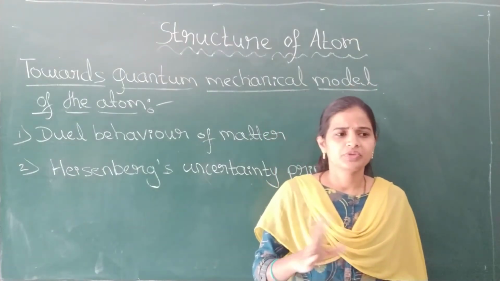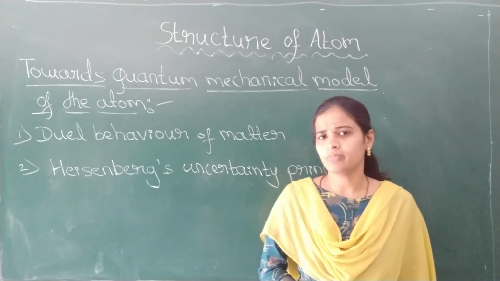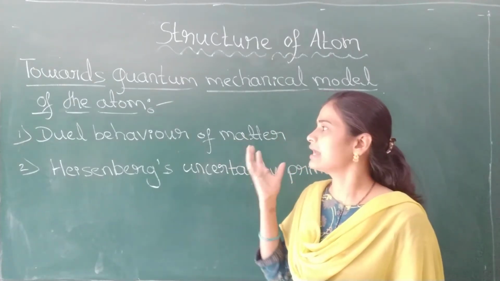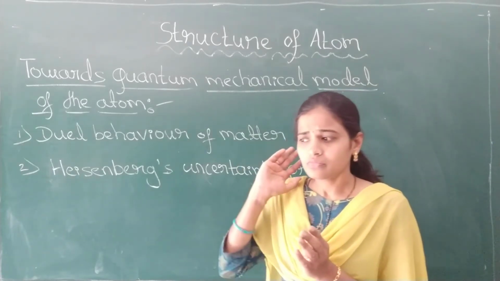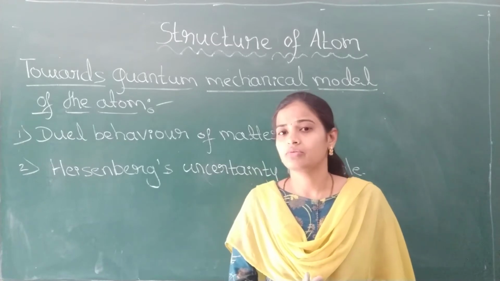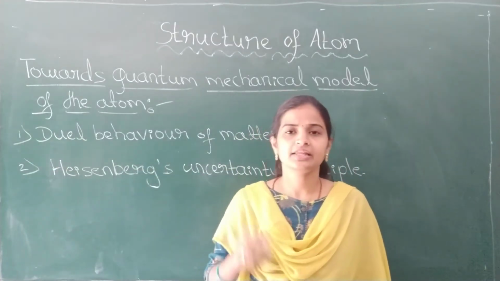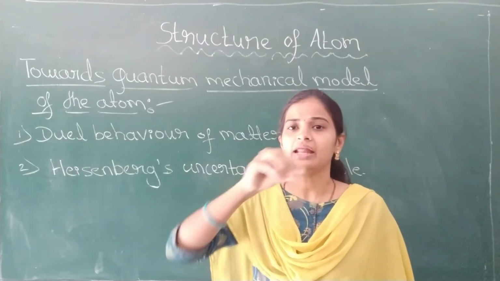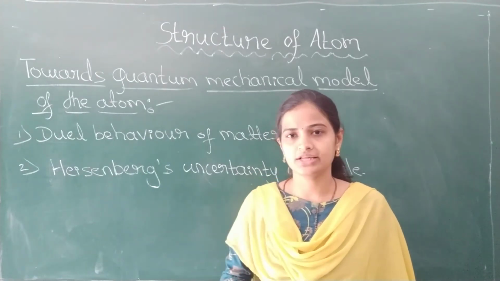Before that, scientists have proposed a number of models, but this was the milestone. The quantum mechanical model was the milestone to know about the existence of the electron around the nucleus. Recently we have studied Bohr's atomic theory, with which we believed that electrons will be revolving in a fixed path around the nucleus.